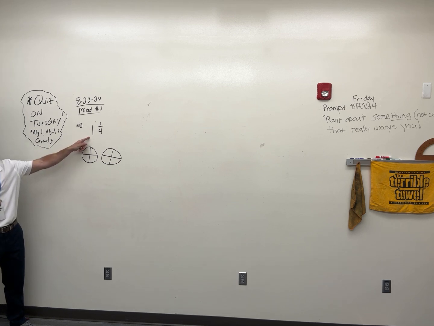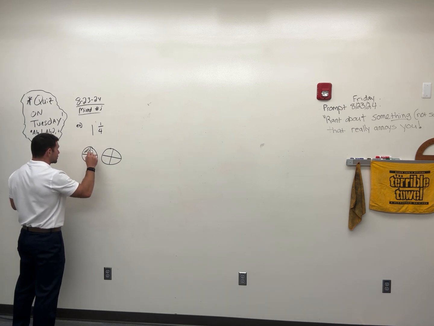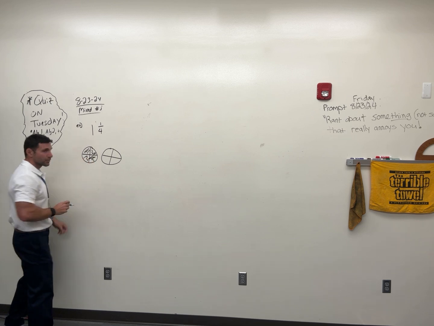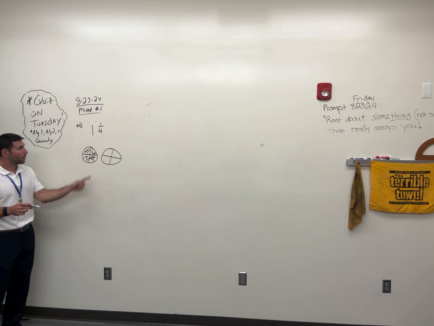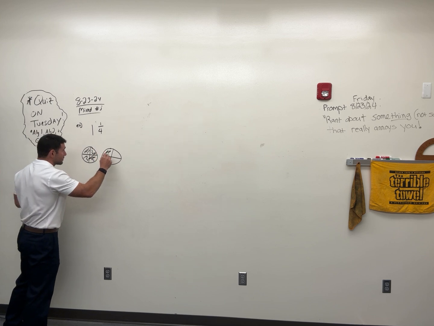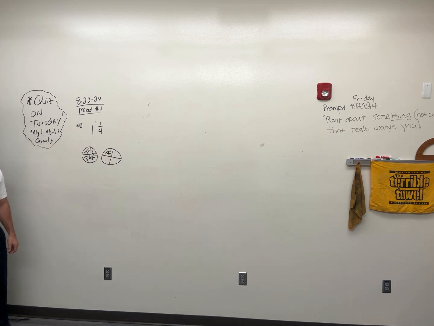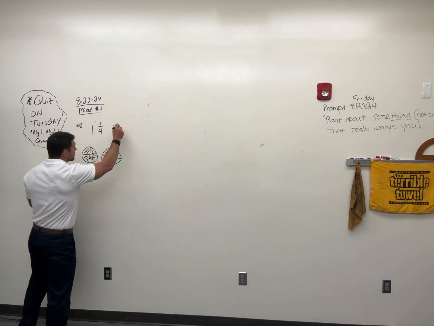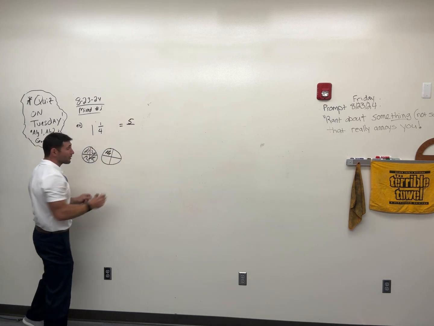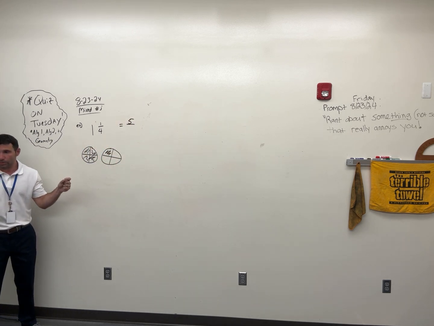I have one whole pizza that I've eaten. And I have one more slice of a pizza that I've eaten. So 1 1/4. How many slices of pizza did I eat? 4 or 5. I ate 5. So that's the parts that I ate out of the whole.